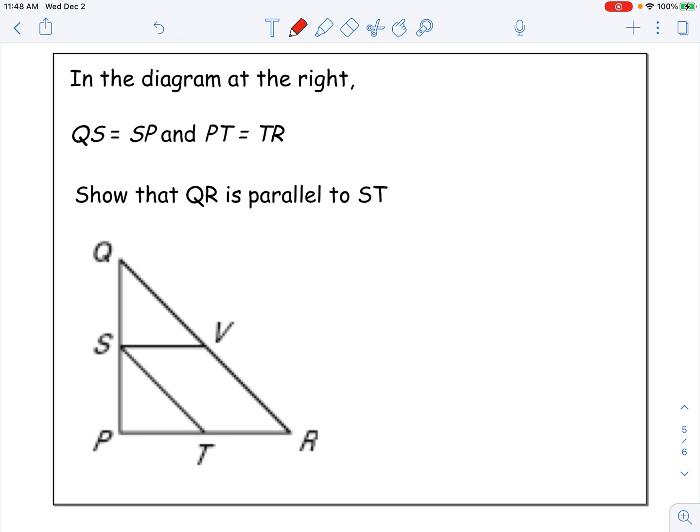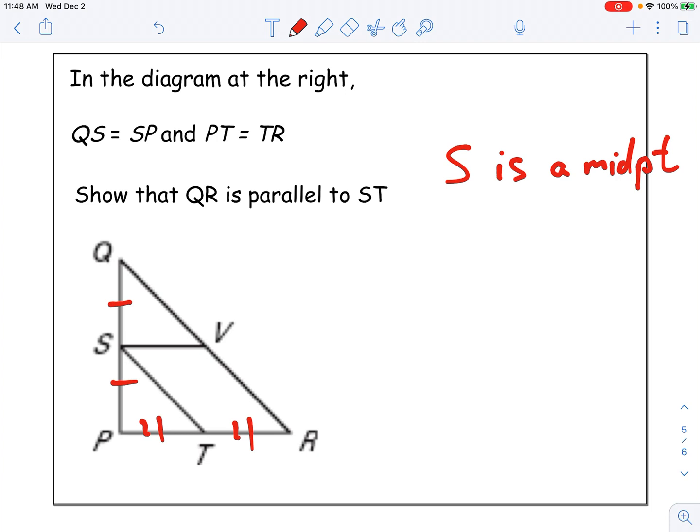It says in your diagram, QS is equal to SP, and PT is equal to TR. It says show that QR is parallel to ST. So we're just going to reason through why that would have to be. If QS is equal to SP, that means S is a midpoint.